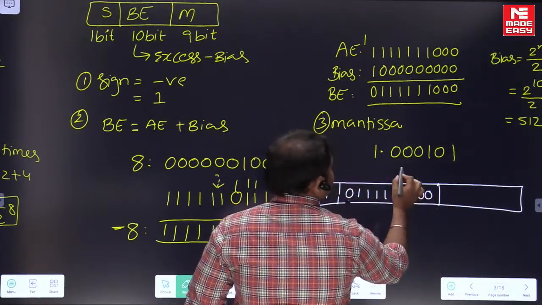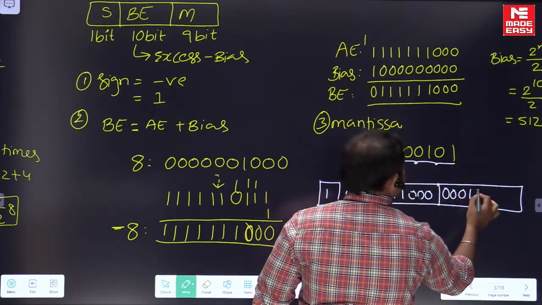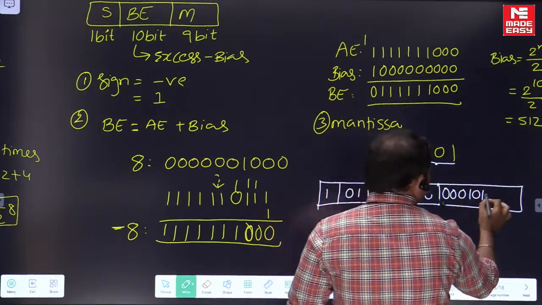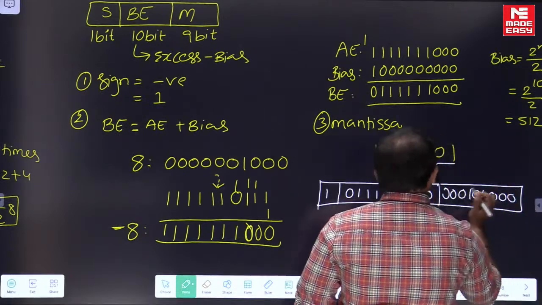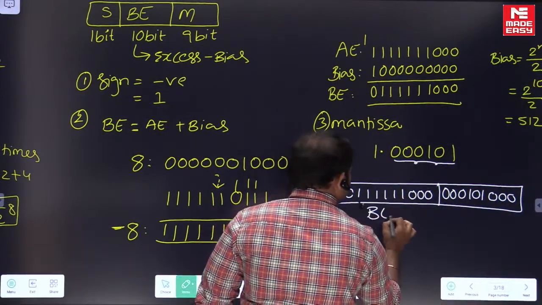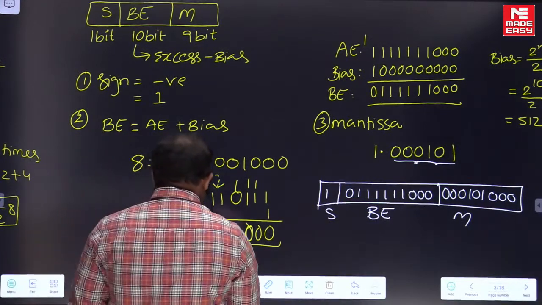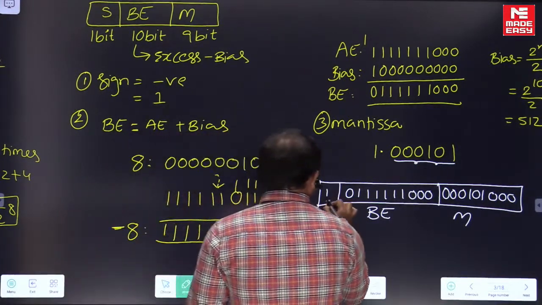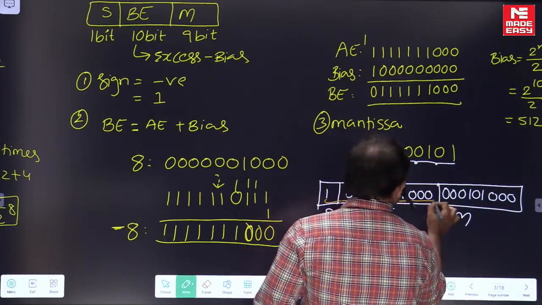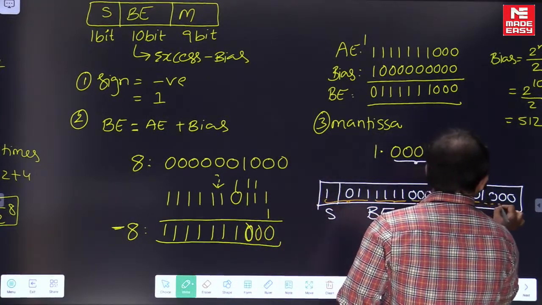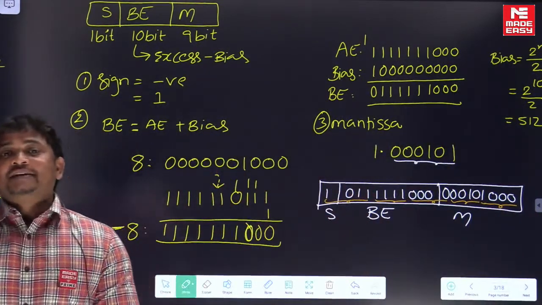Next, Mantissa. Mantissa means only the fraction, 0 0 0 1, and the remaining are all zeros. Yes, this is sign, this is BE, and this is M. Now group 4 bits and give the hexadecimal equivalent.